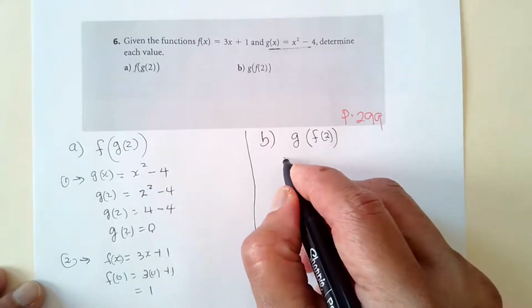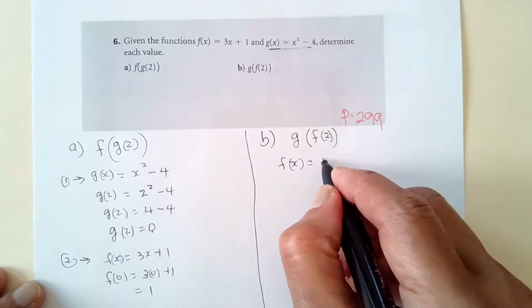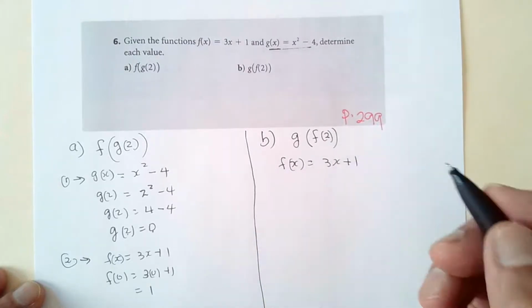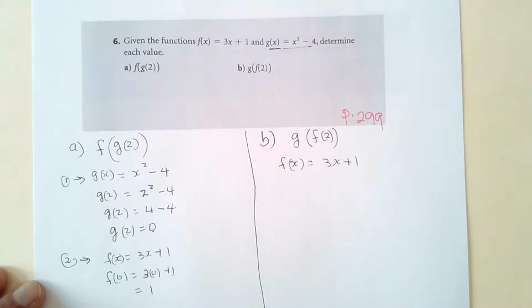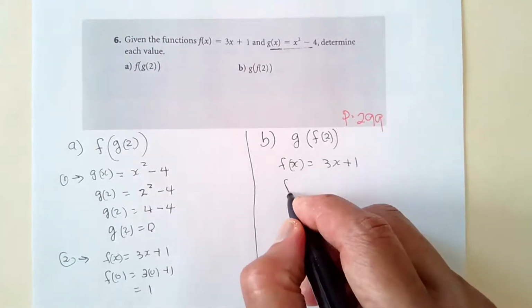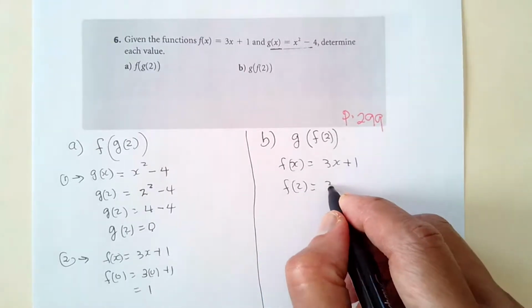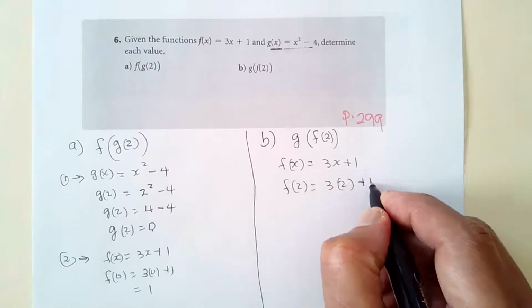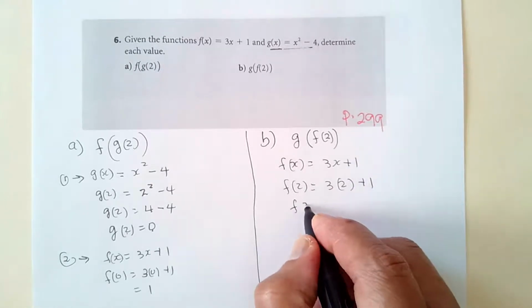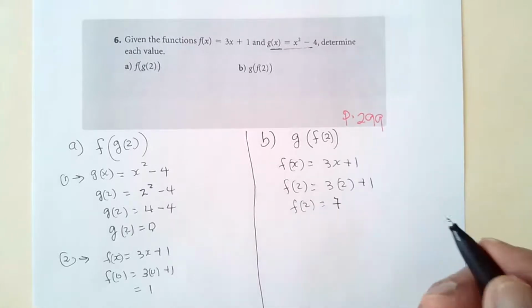So we start with the inside: f of x is equal to 3x plus 1. So f of 2 is equal to 3 times 2 plus 1. So f of 2 is equal to 7.